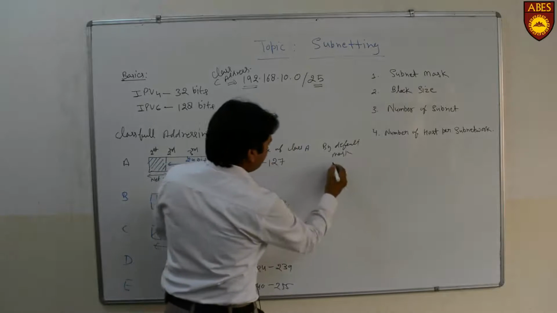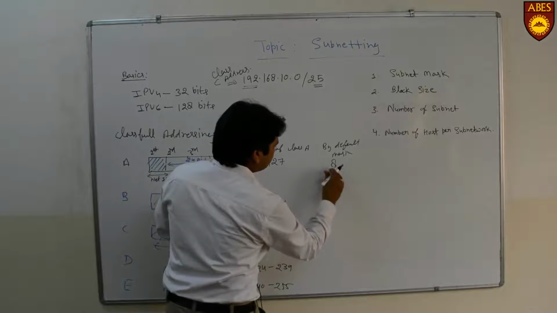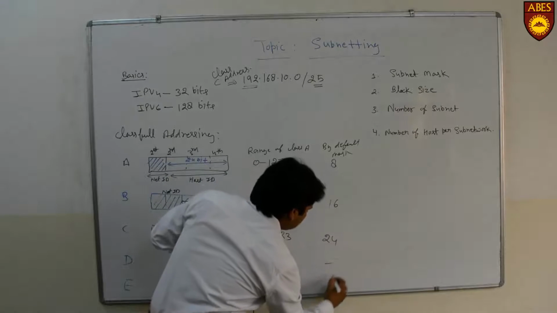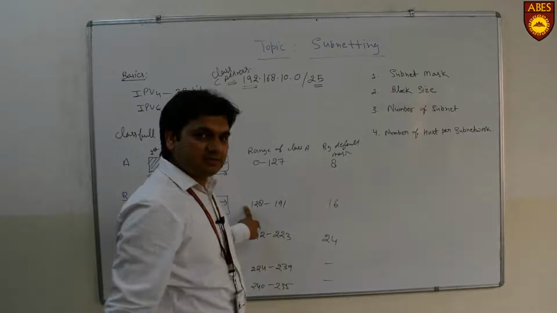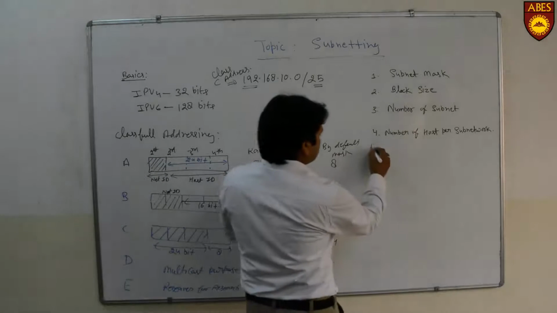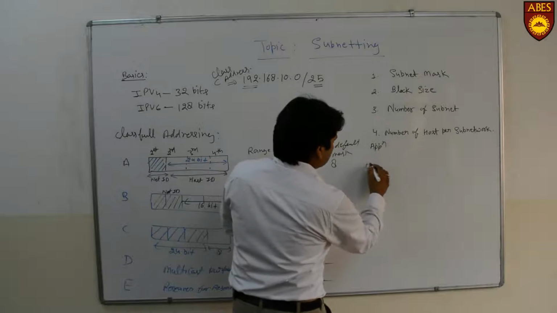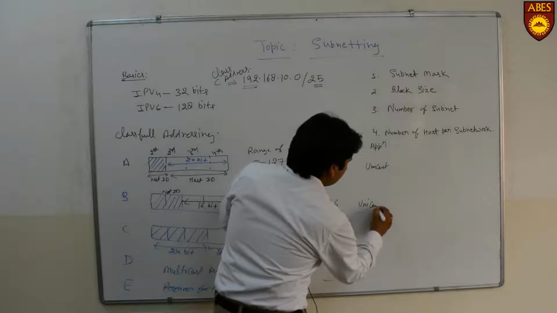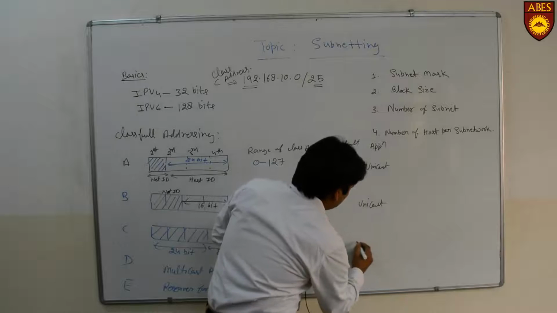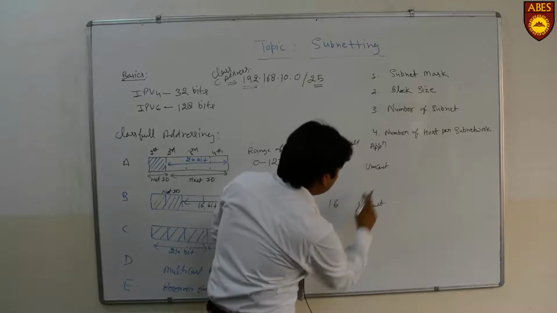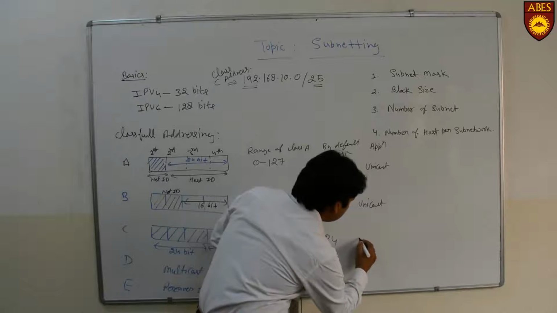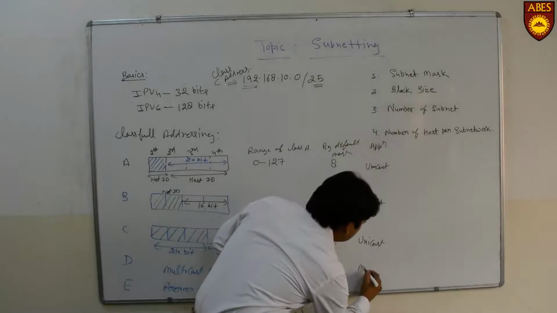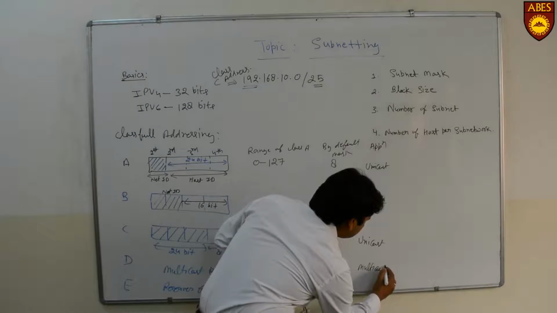The default mask number for class A is 8 bits, class B is 16, and class C is 24. Class D and E are not used for the mask number. Classes A, B and C are used for unicast, class D for multicast, and class E for research purposes.